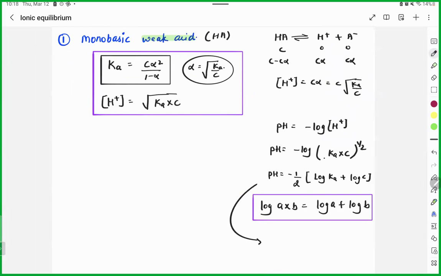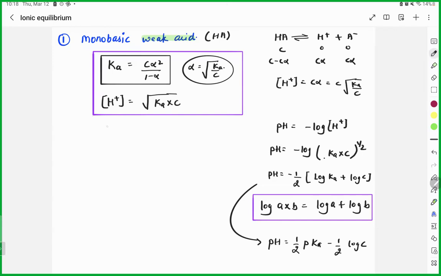In this situation, pH is equal to minus log Ka, which is equal to pKa. So this will be equal to 1 by 2 pKa minus 1 by 2 log C is common. So I proved how you got this.